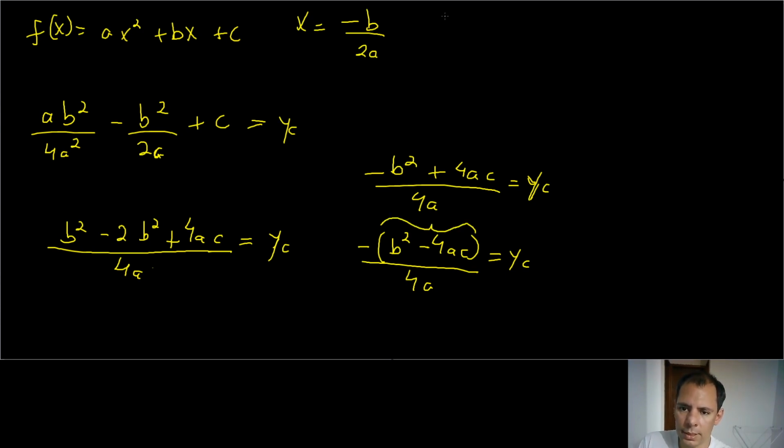So what is the y? This is the x critical, and what is the y critical? The y critical is going to be minus delta over 4a. That's it. So that's where these formulas come from.